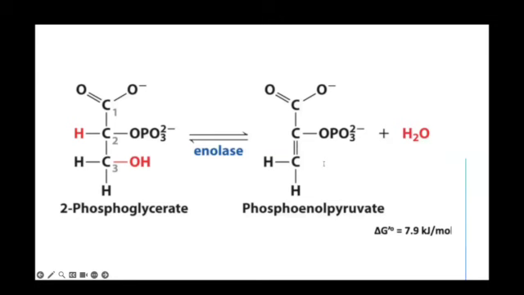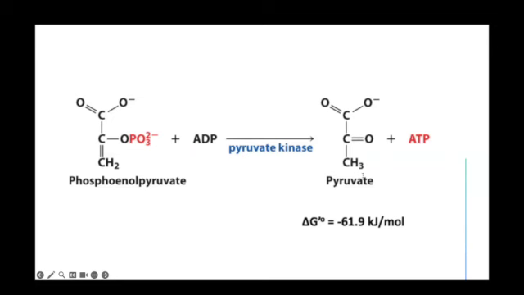And then step 9 is the dehydration of 2-phosphoglycerate to phosphoenolpyruvate via enolase, and we release a molecule of water. And then our last step, in which we produce one more molecule of ATP, this is where we generate energy again, is our reaction from phosphoenolpyruvate to pyruvate via pyruvate kinase.